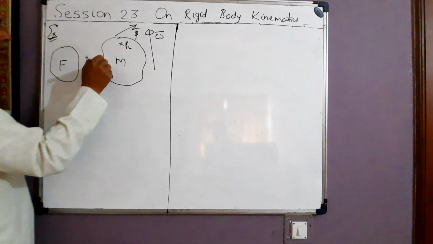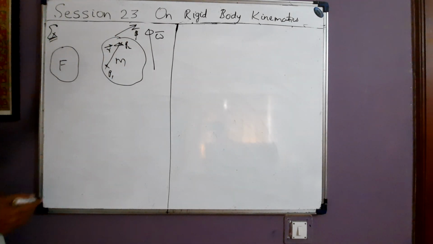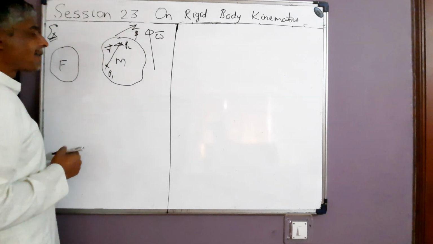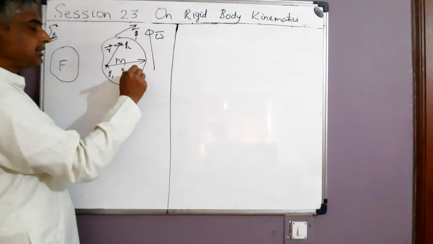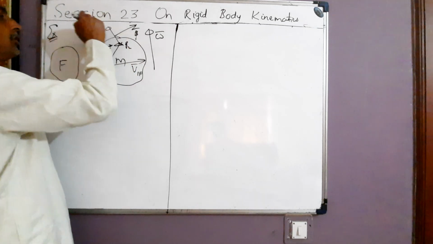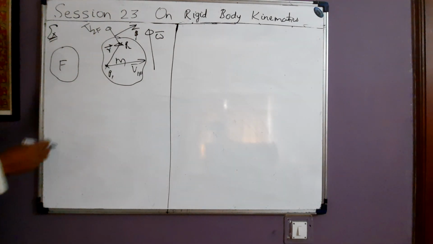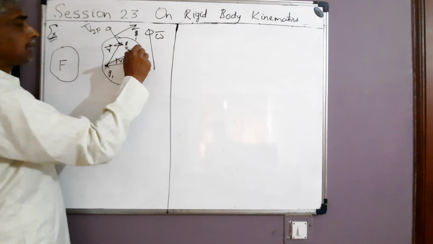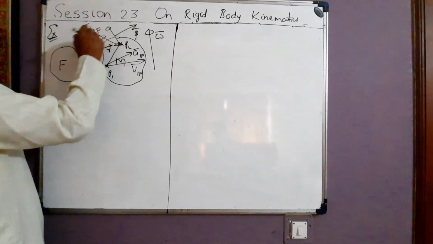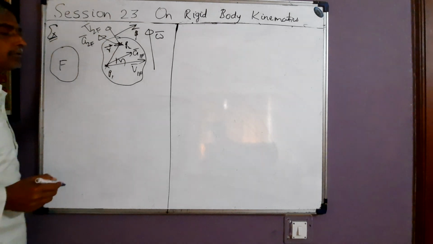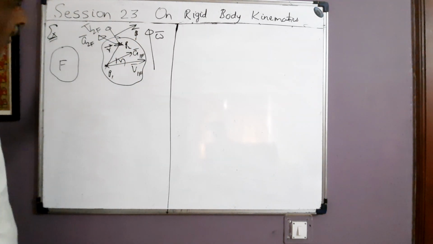R is the relative vector of p2 with respect to p1. Velocity of p1 with respect to frame f at time t is v1f, and velocity of p2 with respect to frame f at time t is v2f, and acceleration of p1 with respect to frame f at time t is a1f, and acceleration of p2 with respect to frame f at time t is a2f. So all these quantities are shown arbitrarily.